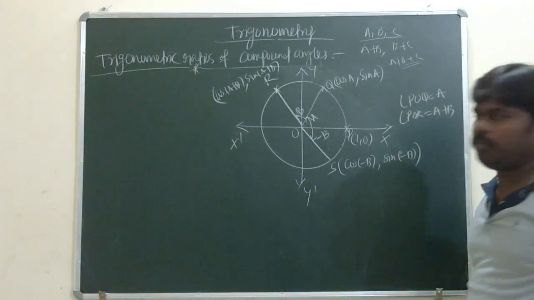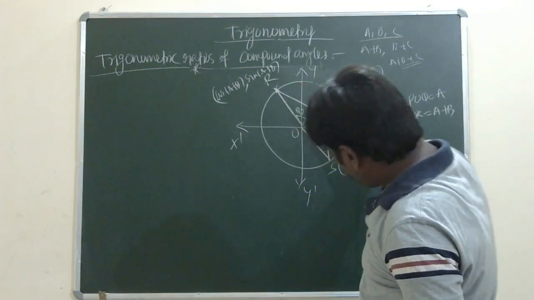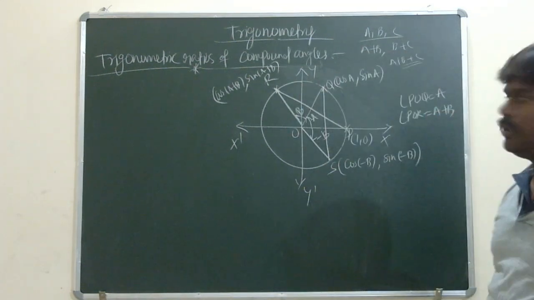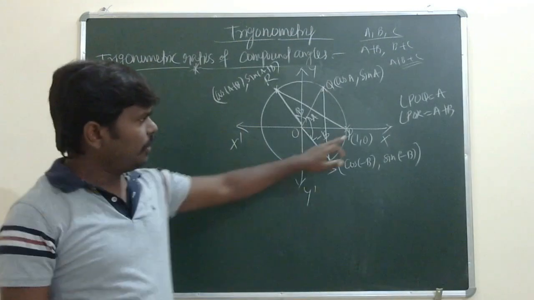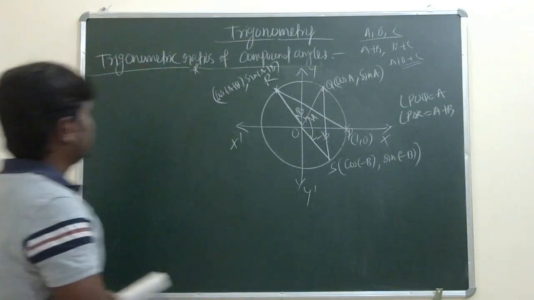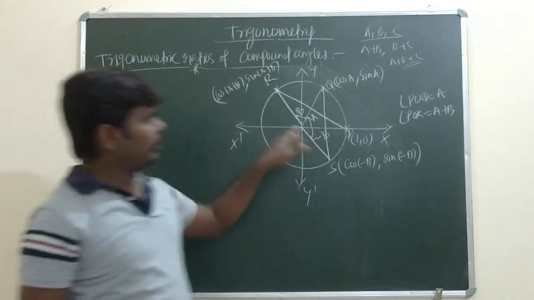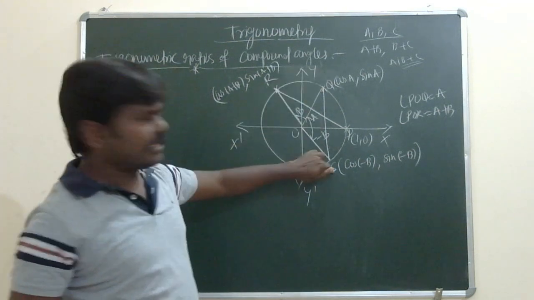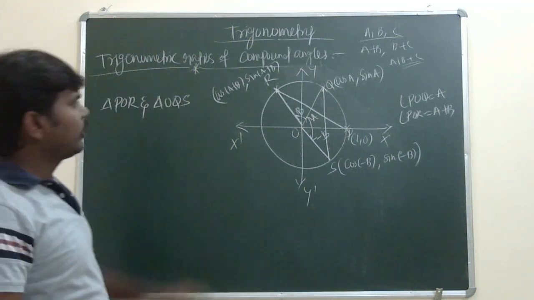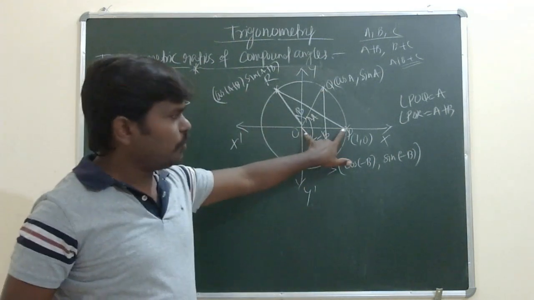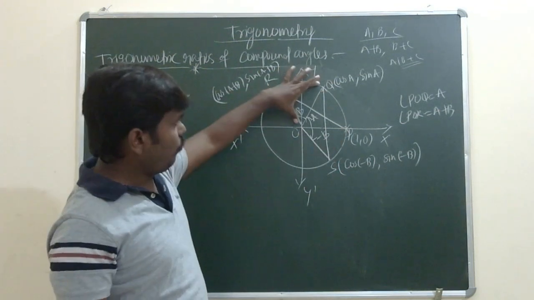Now I am simply joining PS and PR. So when you see triangle POR and triangle OQS, here OR and OP are both radii, of course they are equal to OQ and OS.